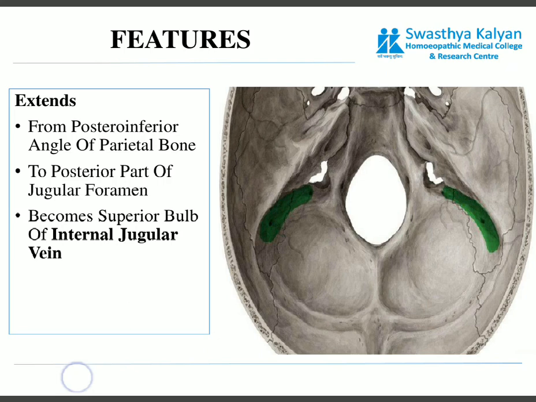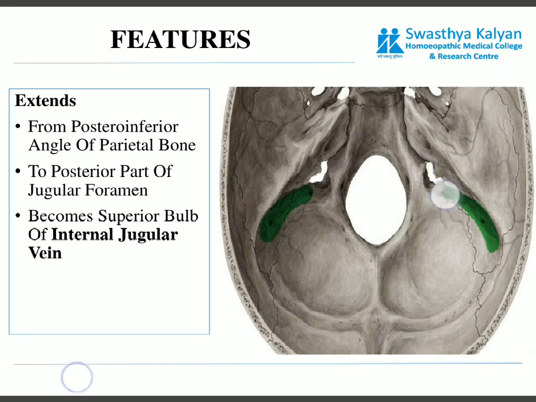The right side foramen could be larger in size than the left. The entire foramen is divided into three compartments, that is the anterior, the intermediate and the posterior compartment. The anterior compartment contains the inferior petrosal sinus.